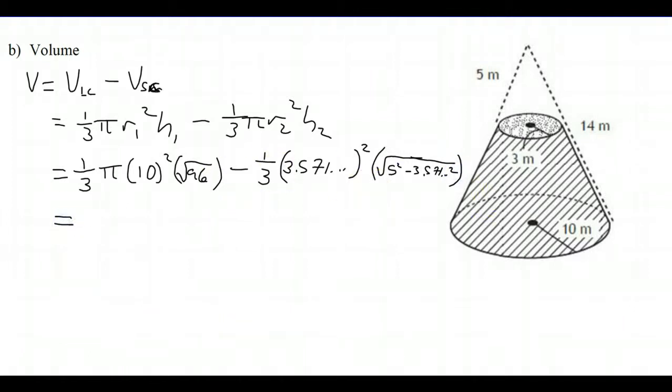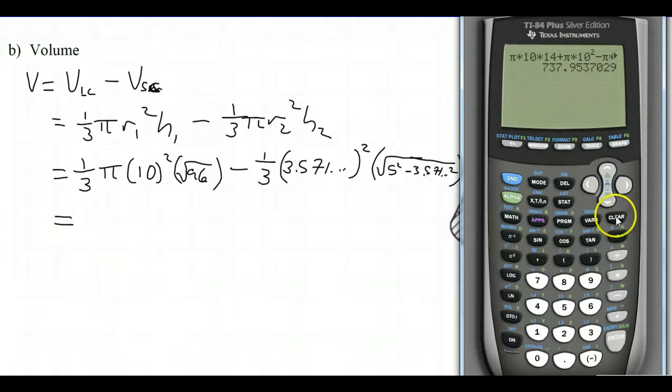Okay, calculator time. Let's clear this out so we can see. Okay, 1/3. So I'm going to go bracket 1 divided by 3. That's how I like to do my 1/3. And then I can just throw a pi next to it, and I can actually just throw a 10 squared next to it, right? Since anything written together will be multiplied, and then I can just throw a root next to it, root 96, right? But I need to get out of the root, so we got a right arrow out of the root.